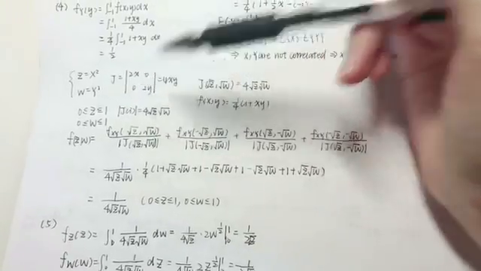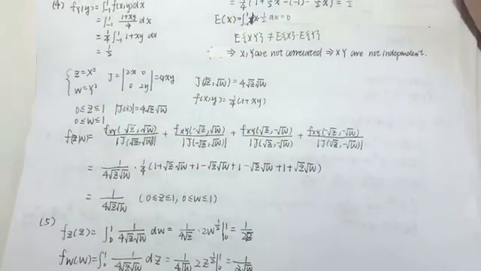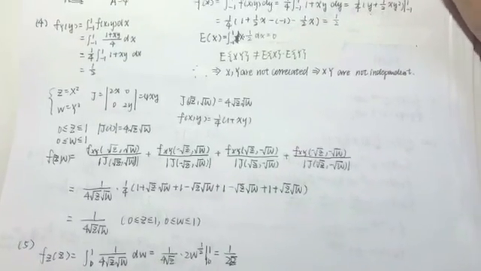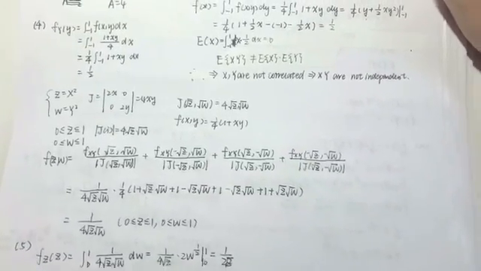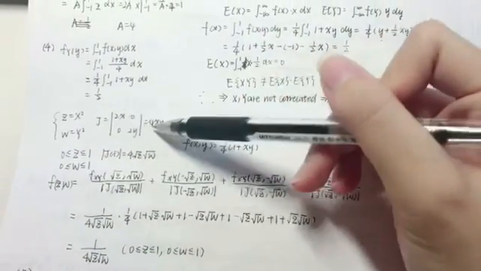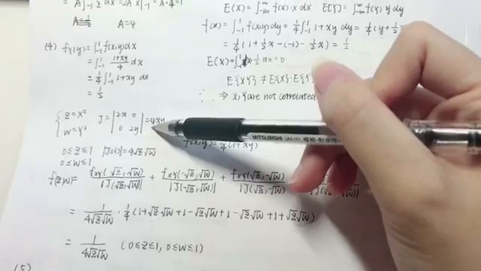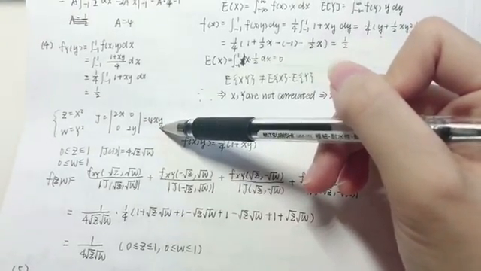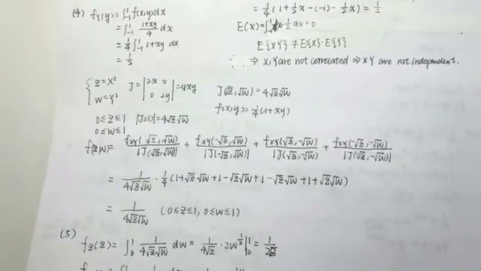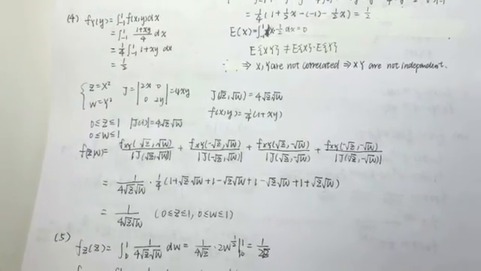It asked us to find out the joint density function. So we use the Jacobian. We can get J will equal 4 multiply 4xy. It has 4 roots.